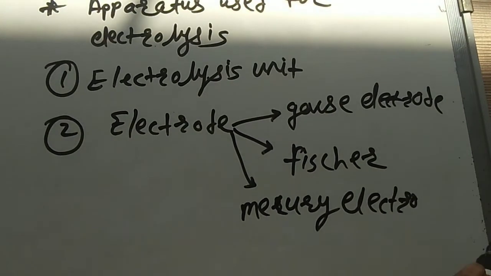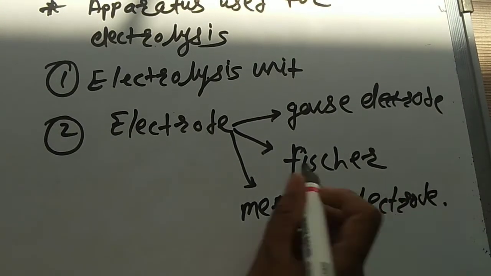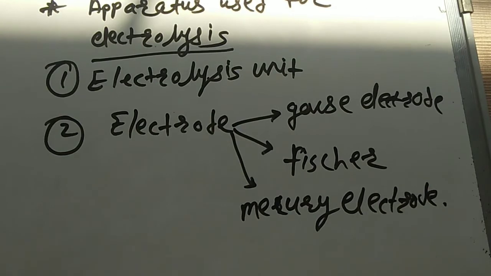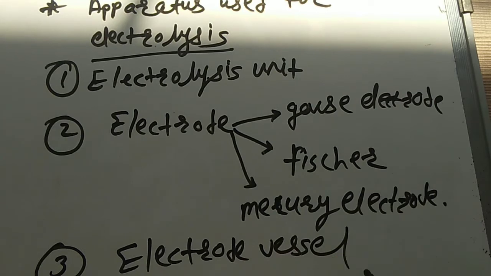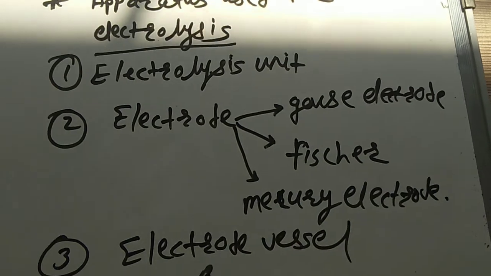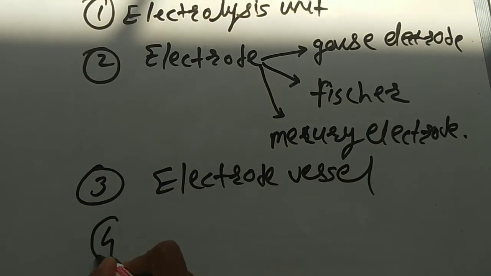These three types of electrode are generally used for the electrolysis cell. Third one we use is the electrode vessel. And the last part that we studied is the stirring.